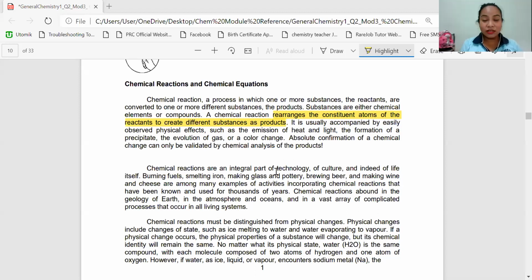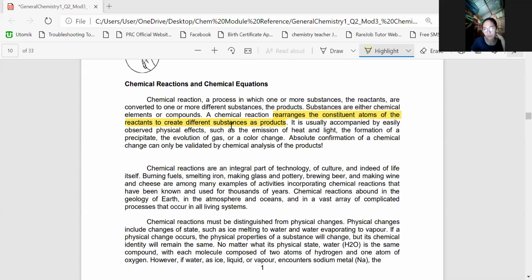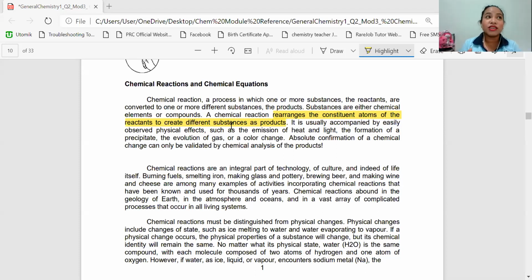Sorry for the interruptions. Okay, chemical reaction again is rearrangement. So if we burn a paper, we are not creating a new compound, we just rearrange. The oxygen will bond with carbon to form carbon dioxide, and the other oxygen also bonds with hydrogen to form water vapor, which is the smoke. And because oxygen is limited in the environment, some of the carbon could not react with oxygen, so they form the ash, which is pure carbon.